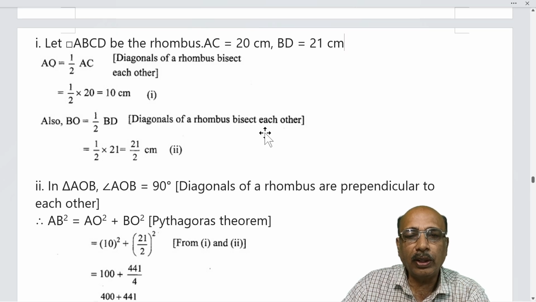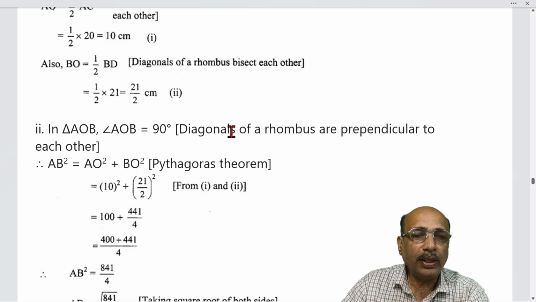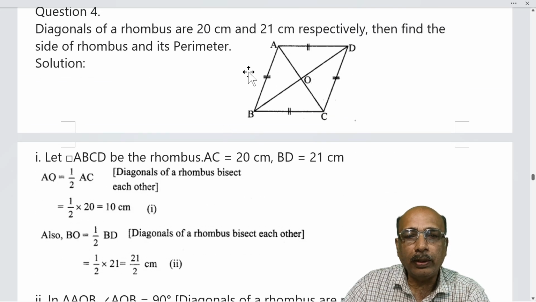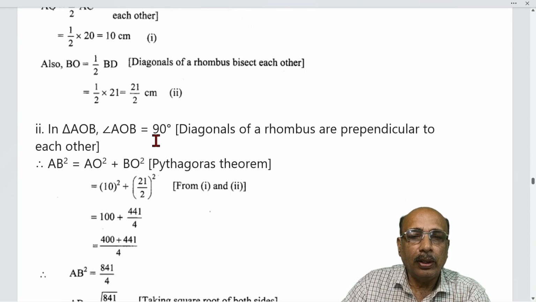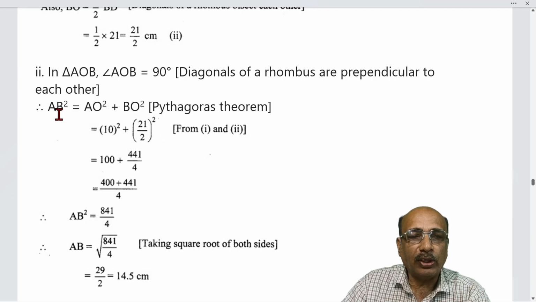Diagonals of a rhombus bisect each other. Now, in triangle AOB, OA we have calculated as 10, OB as 21 by 2, and the angle is 90 degrees. So apply Pythagoras theorem. We get AB square equals AO square plus BO square.